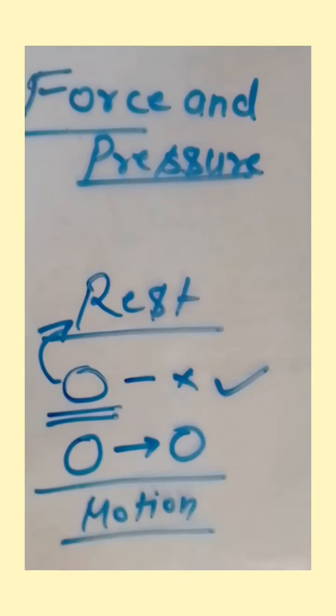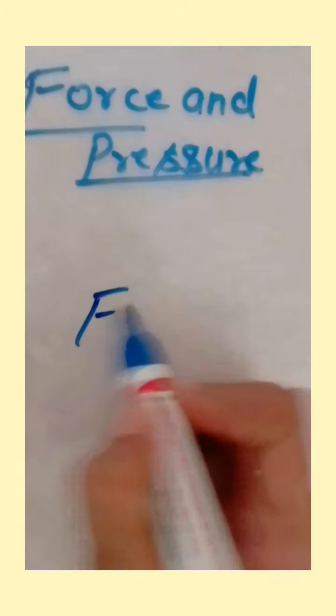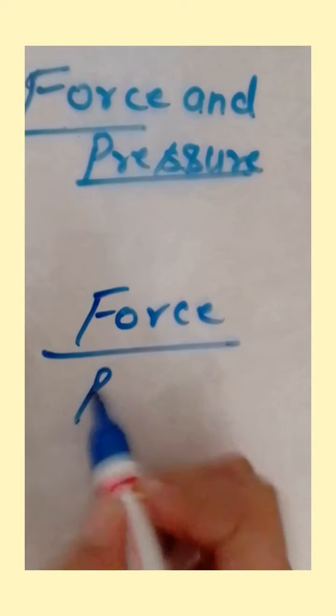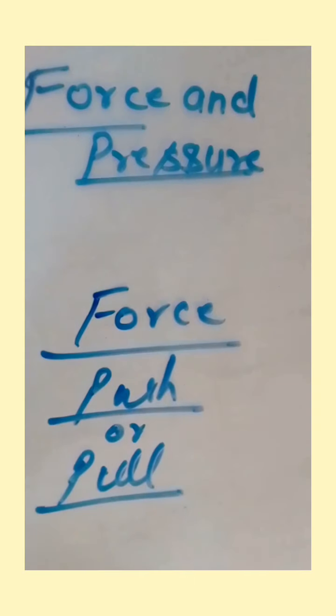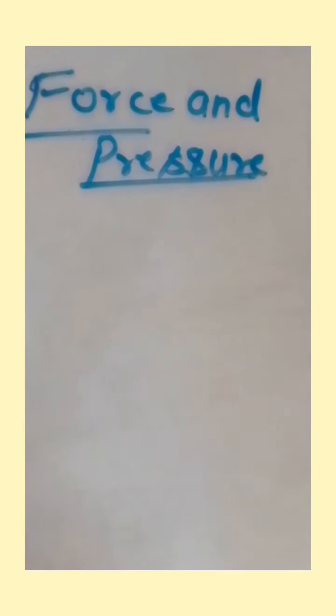Right? So what is force here? Now force is push or pull. Right? When we kick or lift any object, all these will come under the concept of force, means we will exert some kind of force there. So in all these situations, we know some effort is done by us.